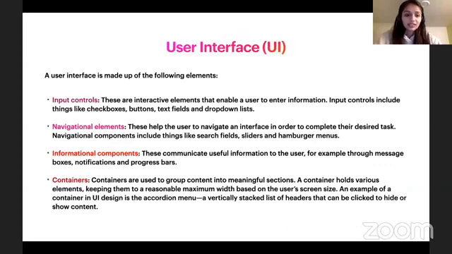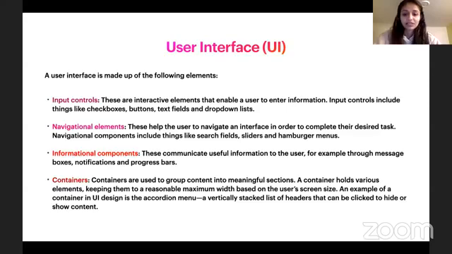And the main elements that are used in a user interface are input controls, the interactive elements that enable a user to enter information. Those are checkboxes, buttons, text fields, and drop-down lists. Navigational elements help the user to navigate.